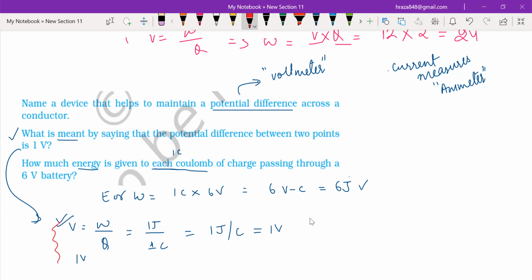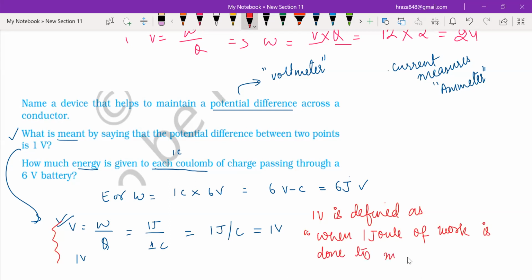Now we can also define 1 volt. 1 volt is defined as when 1 joule of work is done to move a charge of 1 coulomb from one point to the other.